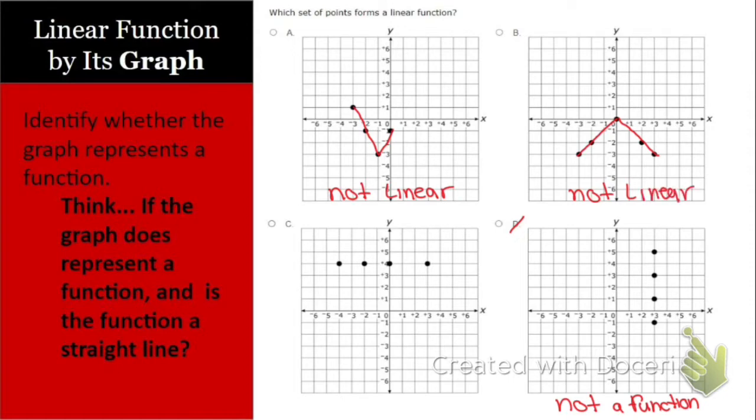Okay, now looking at our last answer choice that was left, connect our dots. Here what we should notice is that it goes straight left and right. Because of that, this one is linear, and by it being linear, and we already know that it is a function, answer choice C will be the one that we have to select.